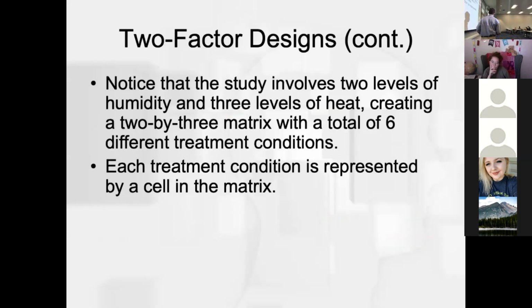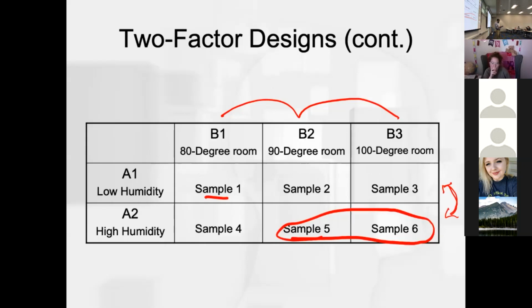So notice that that study involves 2 levels of humidity. So factor 1 is humidity, 2 levels, and factor 2 is heat, 3 levels, to create a 2x3 matrix with 6 different treatment conditions. All right, so this is 80-degree low humidity, 90-degree low humidity, 100-degree low humidity, right?